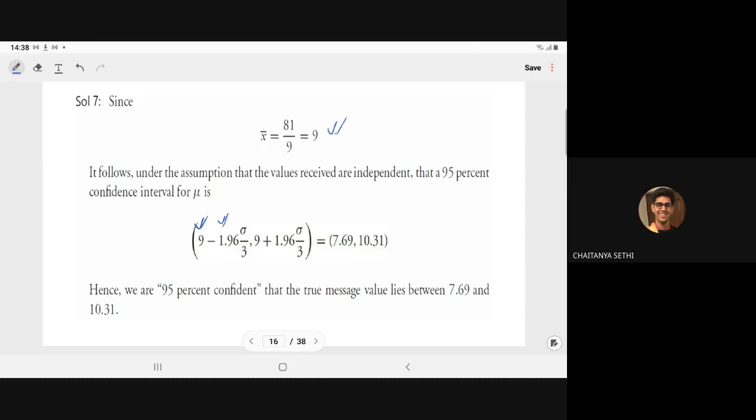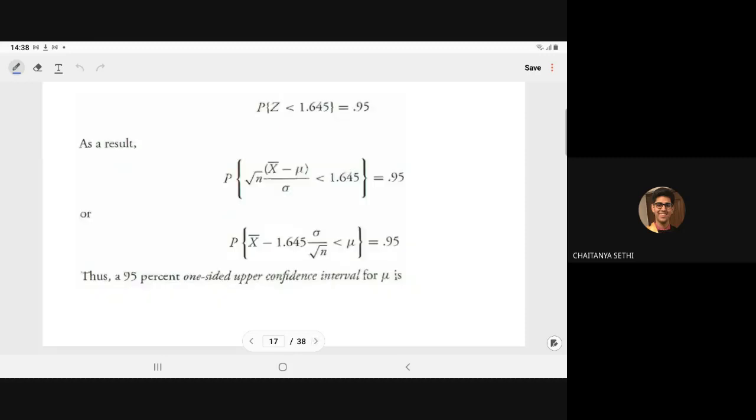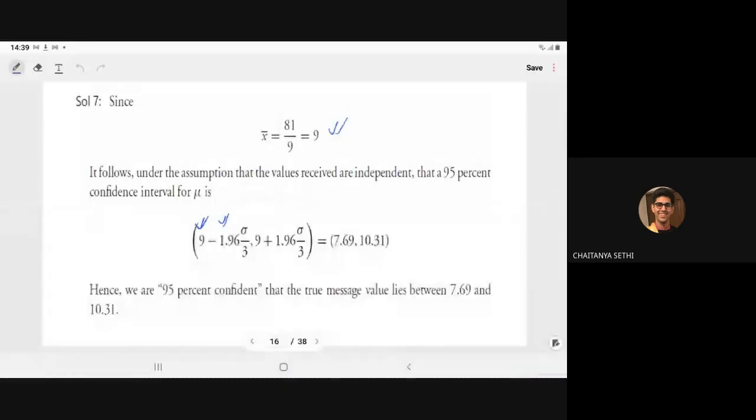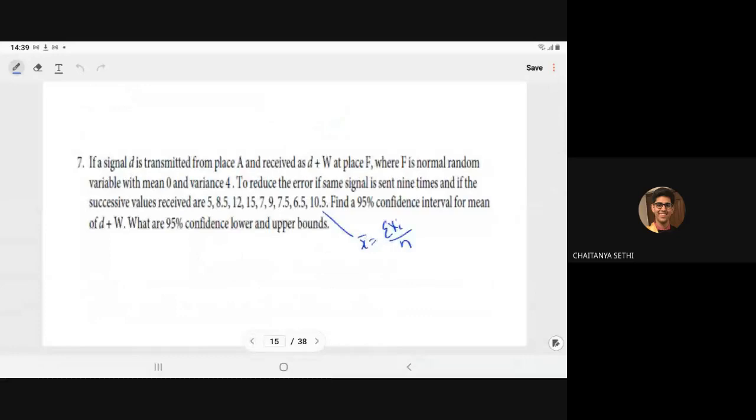That is given here. Now, in the second part, you have to determine the 95% confidence lower and upper bound.